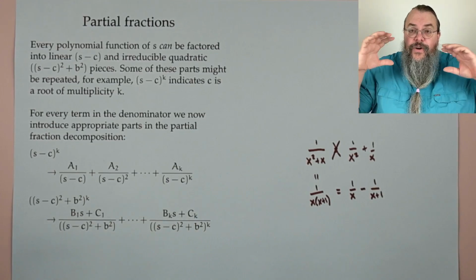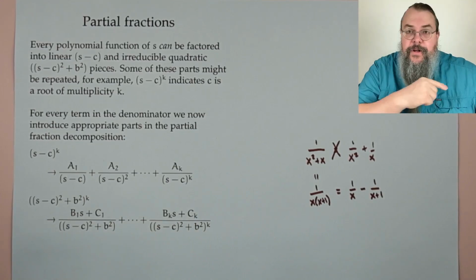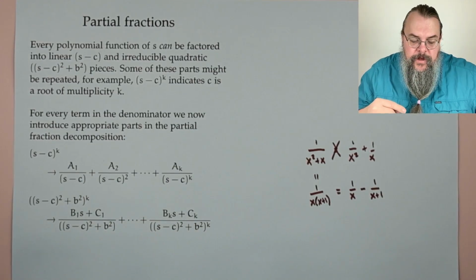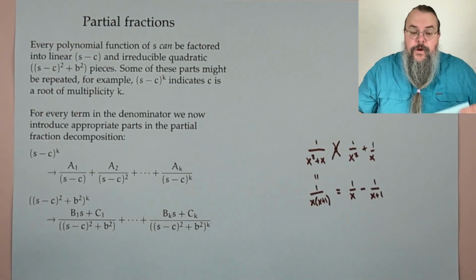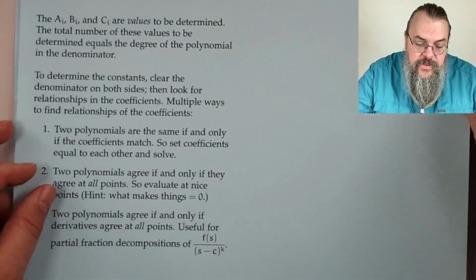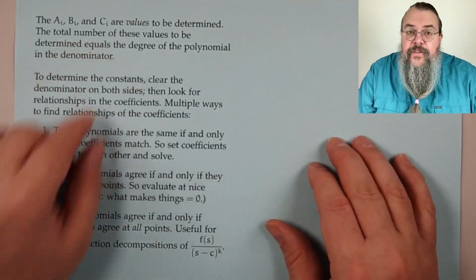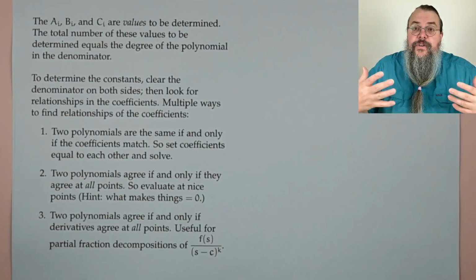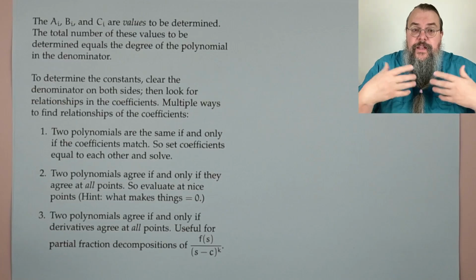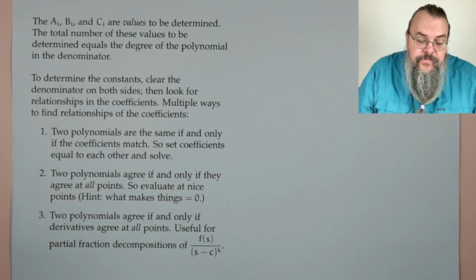All right, so what's our procedure? Well, let's grab it here. The whole punchline is we factor our denominator, and then we're going to see we have some unknowns. And those are our a's, b's, and c's, and we have to determine them. And so the only thing left to do is say, okay, let's determine these unknowns.